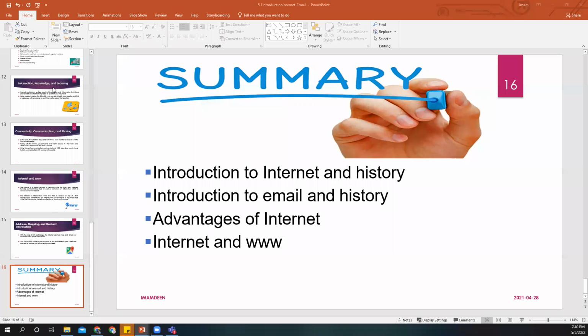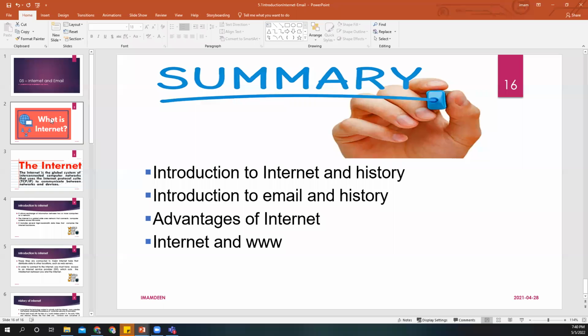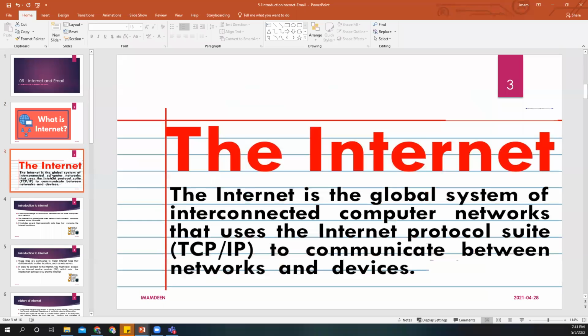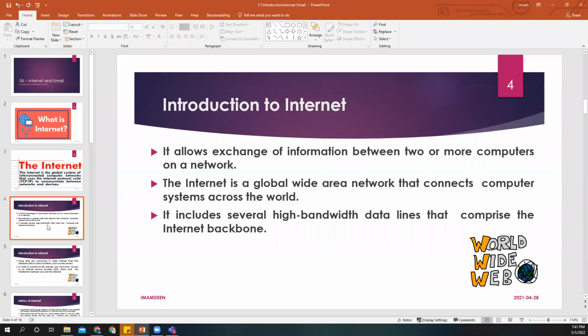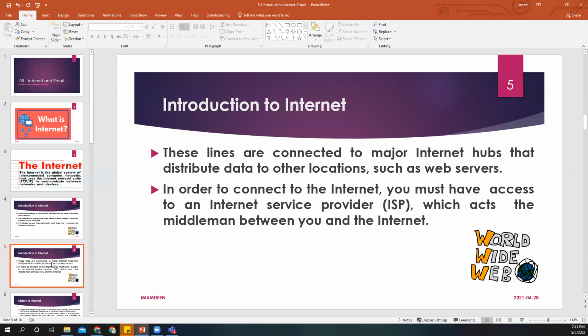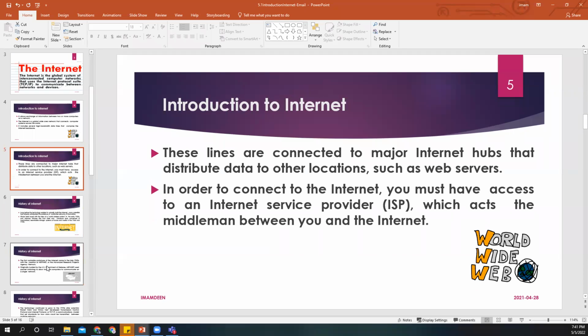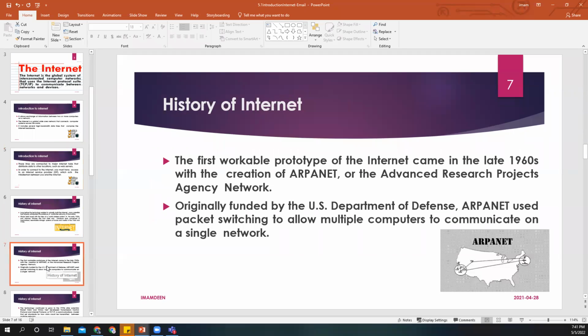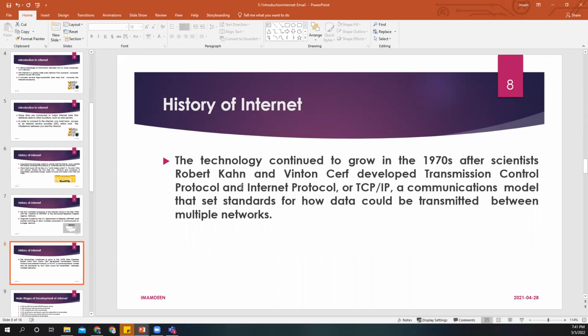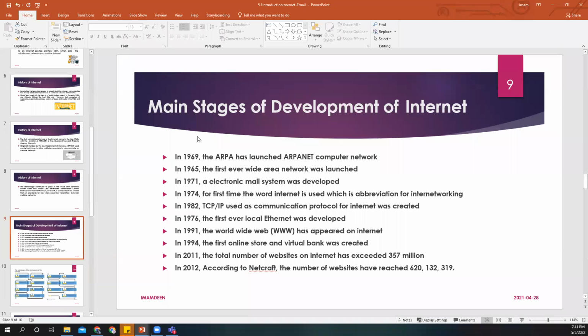First we saw what is internet and how internet is connected. The internet is a global system of integrated computer networks that use the internet protocol. And we saw the introduction to internet and the history of internet: the progress, the main stages and development of internet.